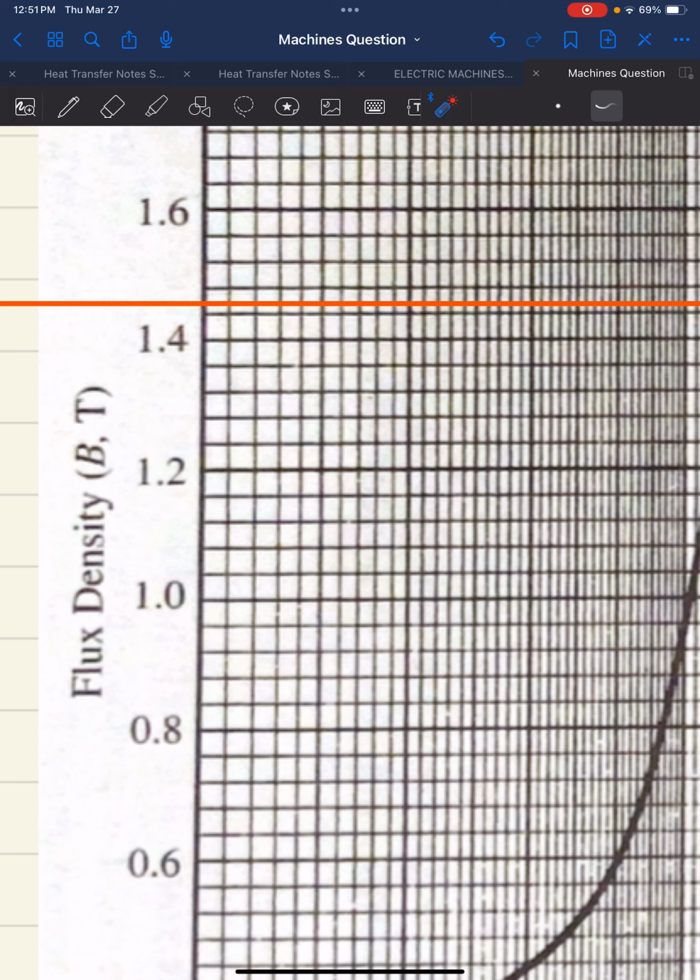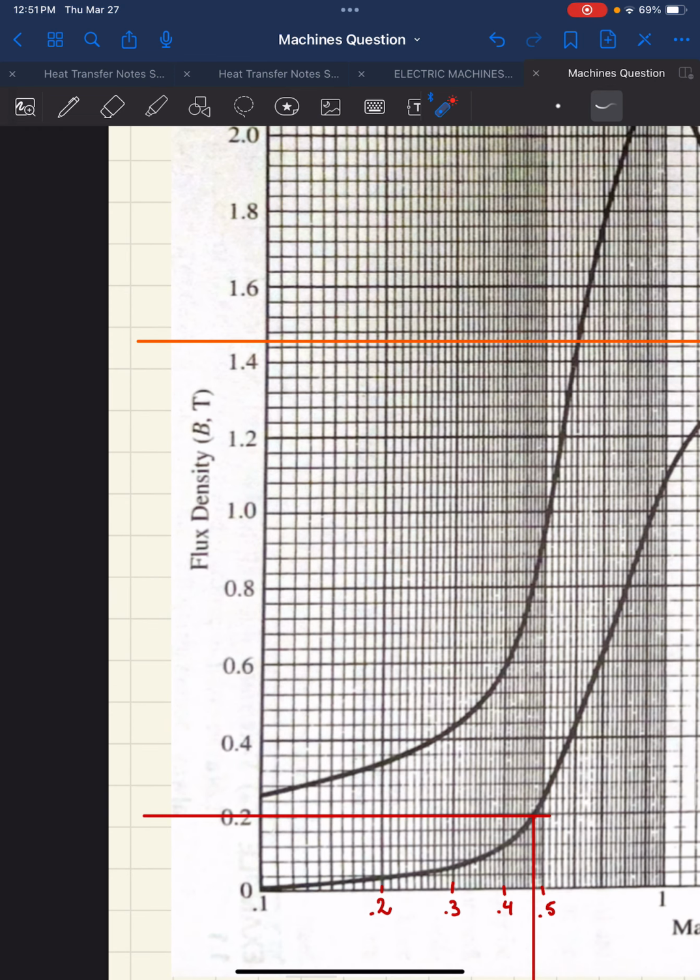So basically the line is somewhere in between 1.44 and 1.48. It's a little bit closer to 1.44. It's not quite smack in the middle. So it's roughly around 1.45. Like so. So it's about 1.45 Tesla.